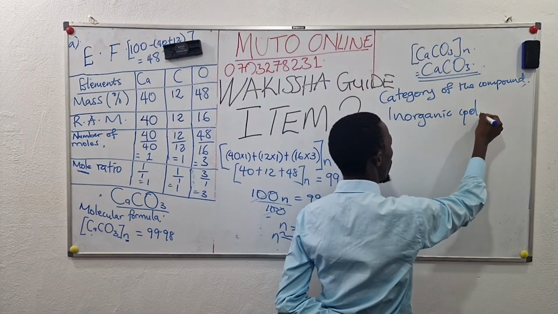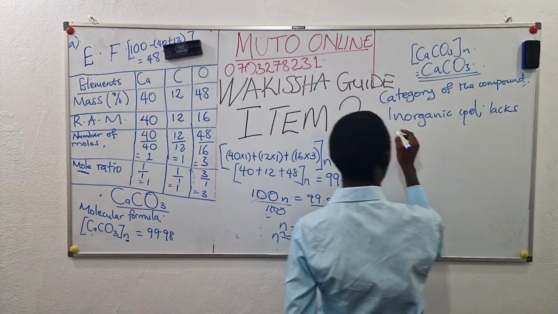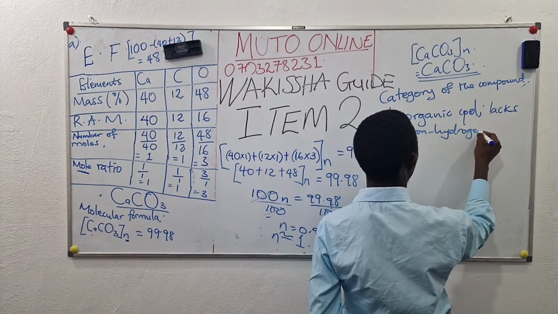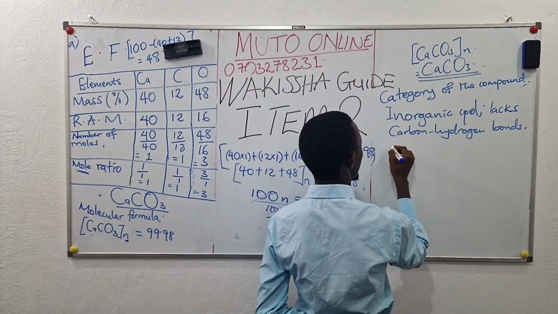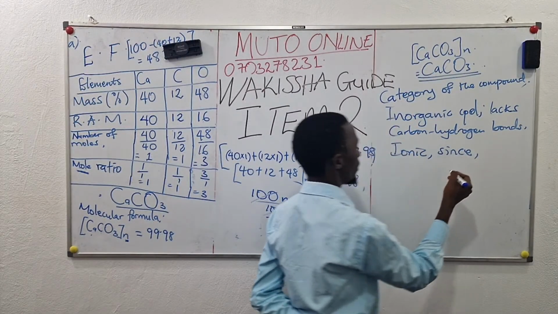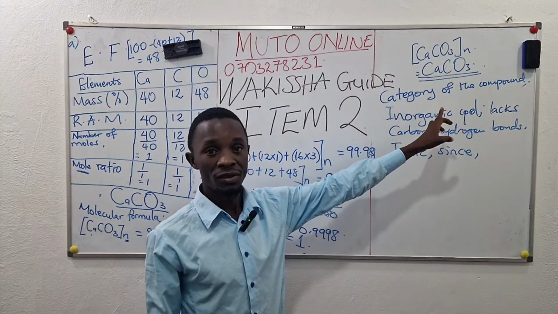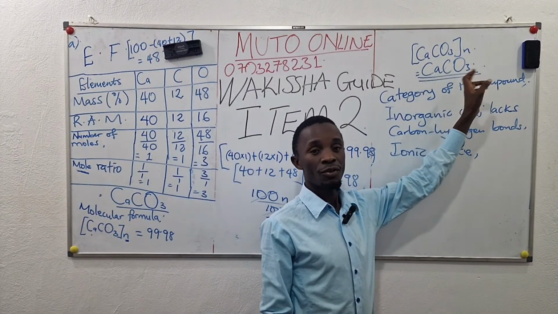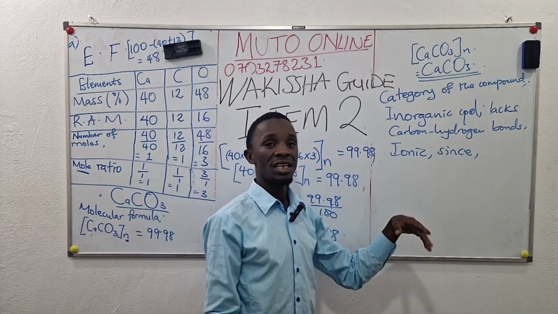It is an inorganic compound for the reason I've just given, since it lacks carbon hydrogen bonds, or alternatively, you may say it is ionic, since it is an ionic compound, since it is formed between a metallic element, calcium, and a non-metallic radical, a carbonate, formed by or joined by ionic bonds.